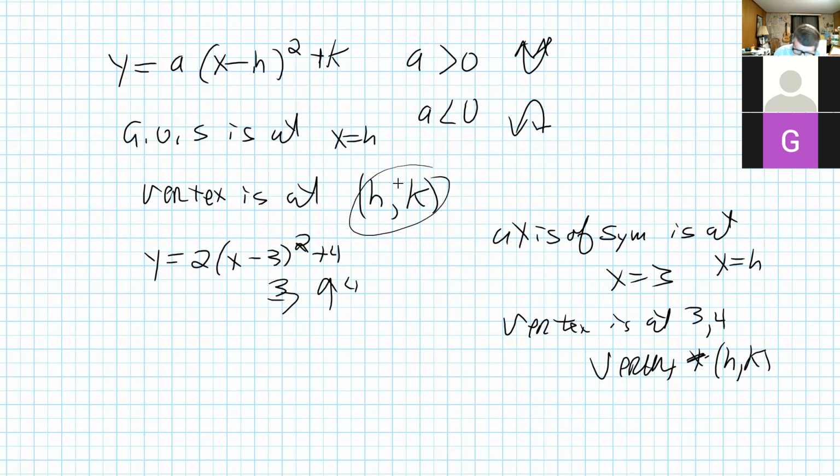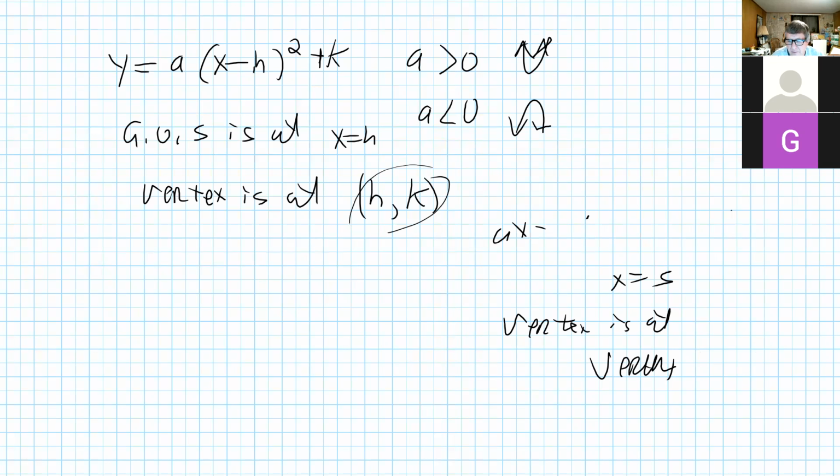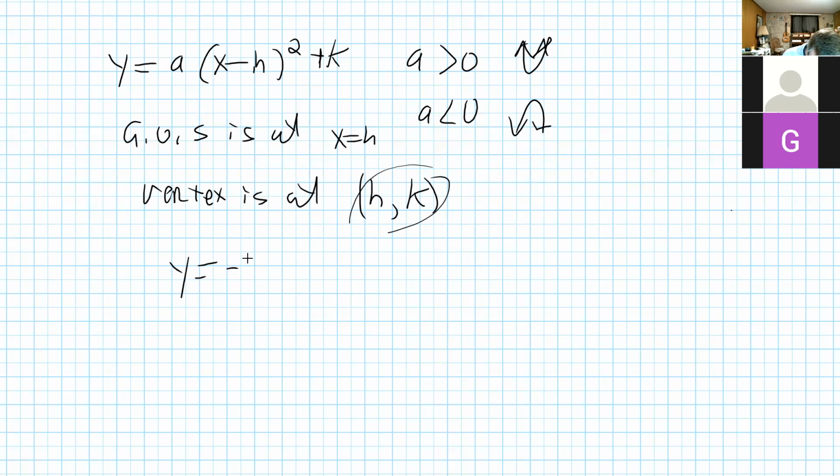The thing you've got to be careful of: inside inverse, outside obvious. And let me explain that a little bit more. Let's say I've got this equation. y equals negative 3 times x plus 5 squared minus 2.